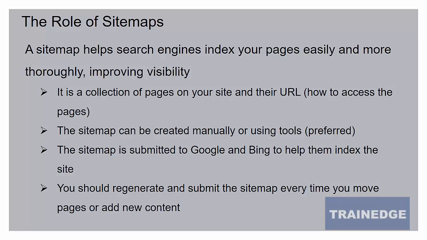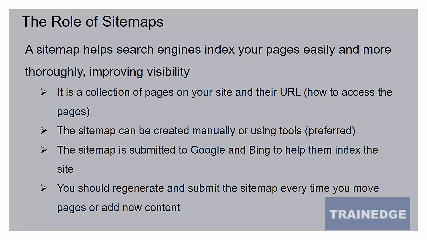But the preferred method is to generate sitemap using tools. You can generate sitemap using a third-party tool, a tool hosted on another site, or you can use a tool that is installed on your own website and that keeps updating the sitemap as you add new content.